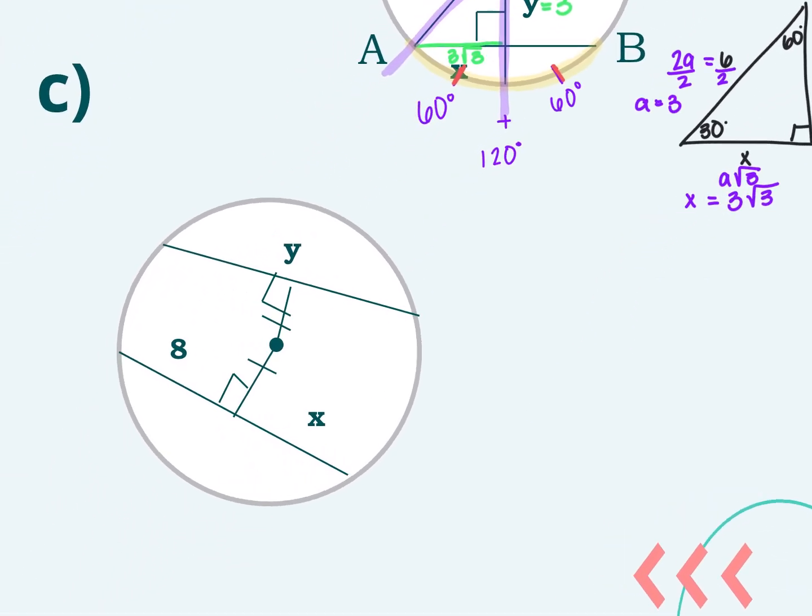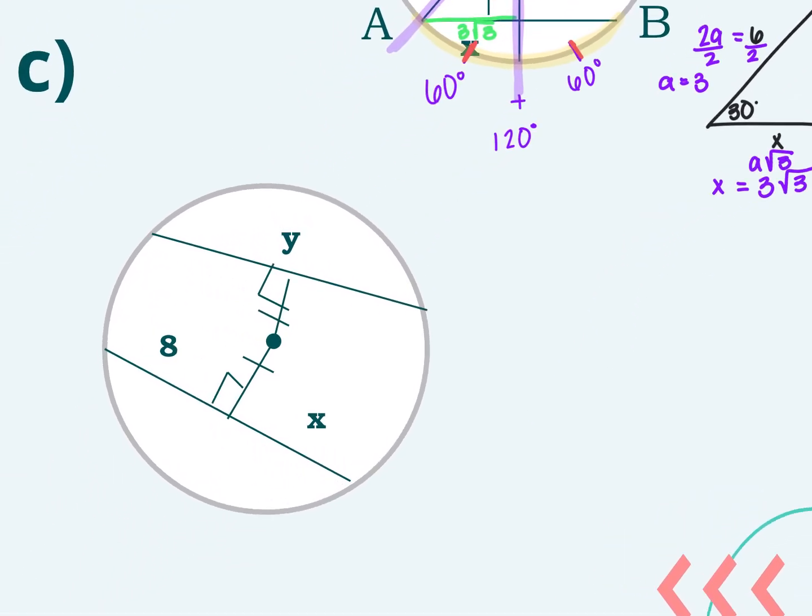Looking at C, this one is hopefully fairly easy. Here are my two segments. These are 90 degrees, they're just drawn a little funky. What do I know about these two chords? They're congruent.